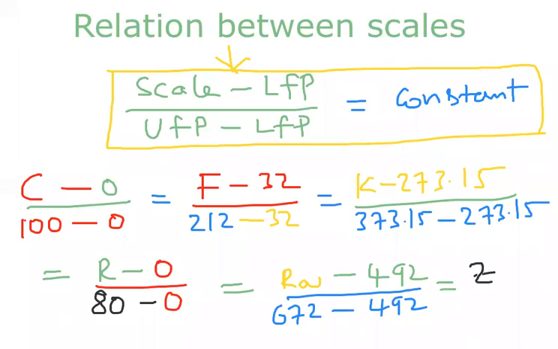In my last session, I explained the faulty scale also. So Z is any scale. For the faulty scale, I represent the scale reading as Z, the lower fixed point as X and the upper fixed point as Y. Z minus X by Y minus X. That's the relation between the scales.